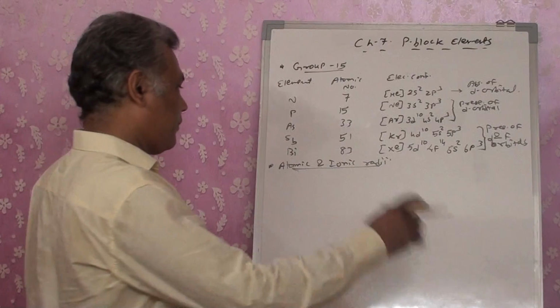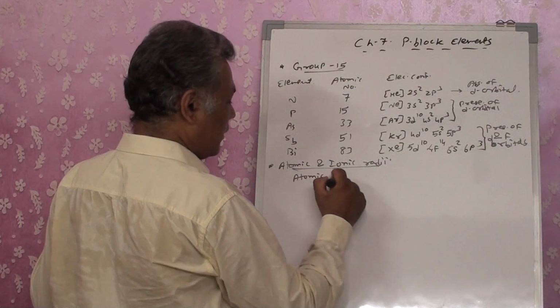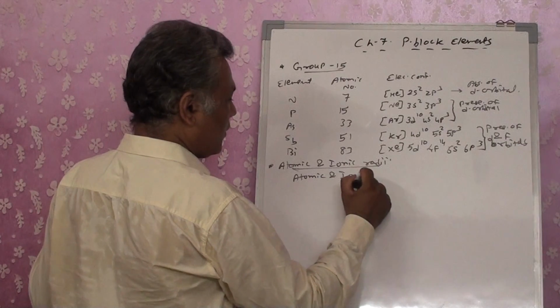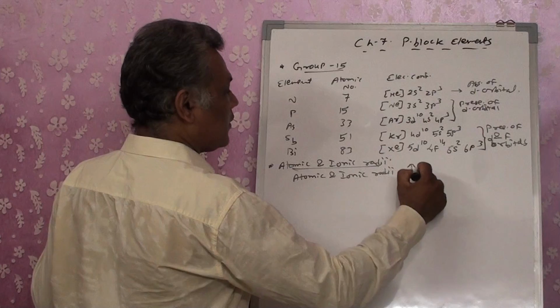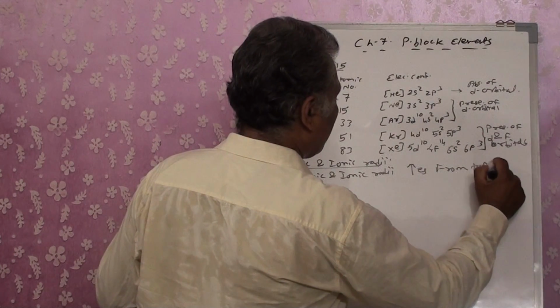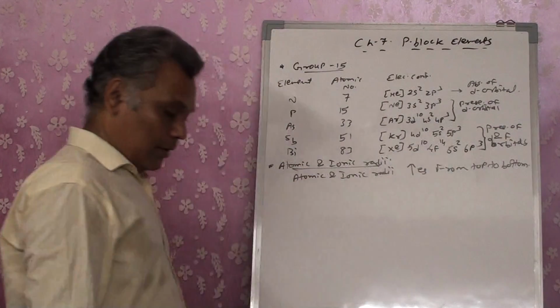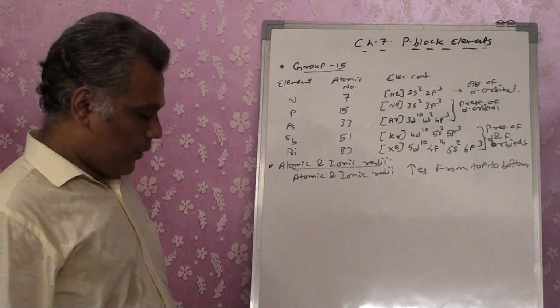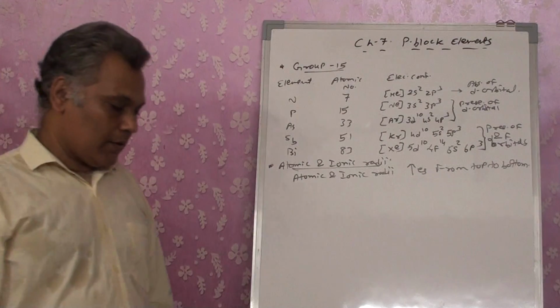Now what will you say? From top to bottom, atomic and ionic radii increase. The trend says that atomic and ionic radii increase from top to bottom, right?